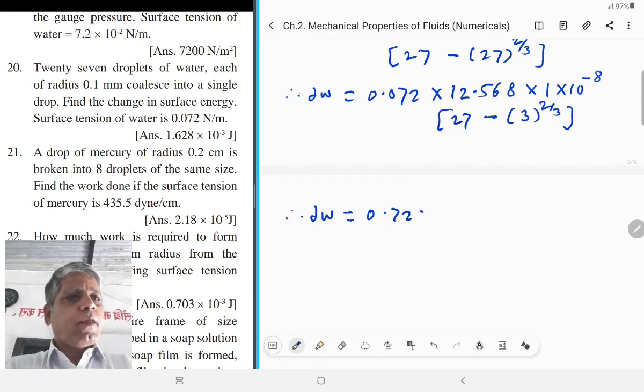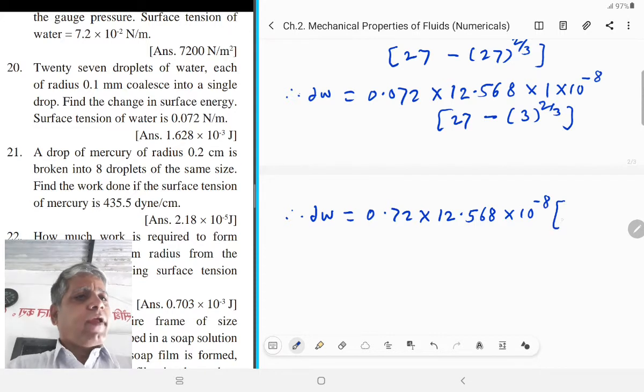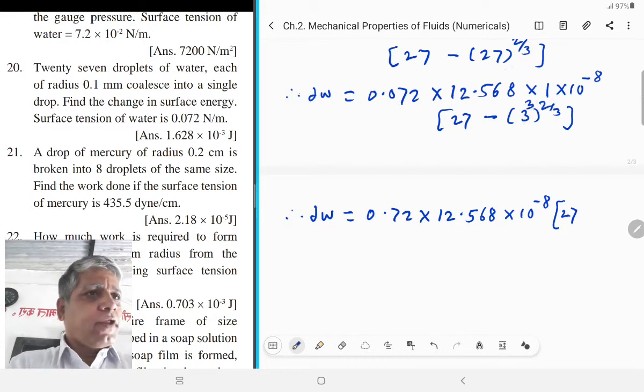0.72 into 12.568 into 10 raised to minus 8 into bracket 27, 3 raised to 3. 27 means 3 raised to 3, bracket raised to 2 by 3. Therefore here 3 square and 3 square means 9.